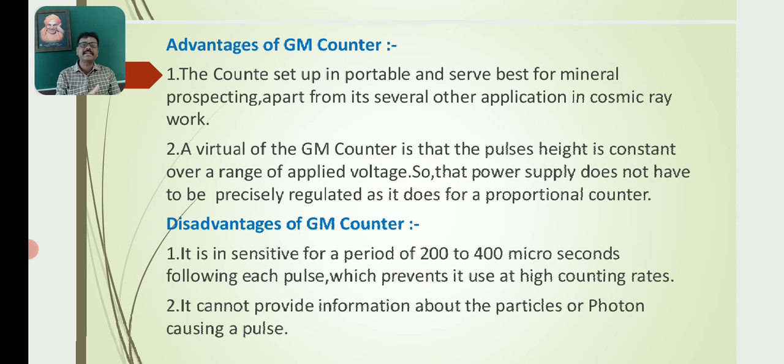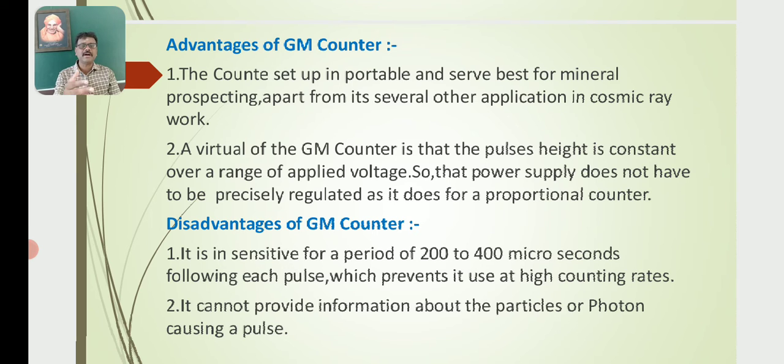Then what are the disadvantages of the GM counter? It is insensitive for a period of 200 to 400 microseconds following each pulse, which prevents its use at high counting rates.